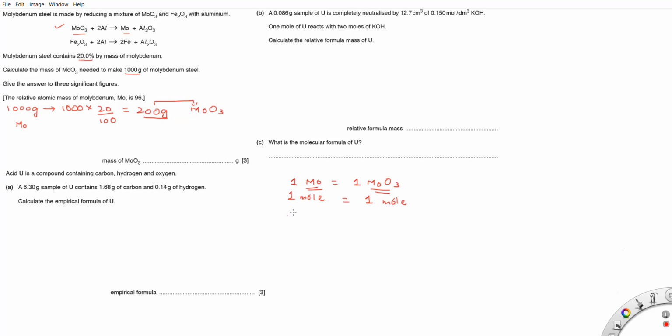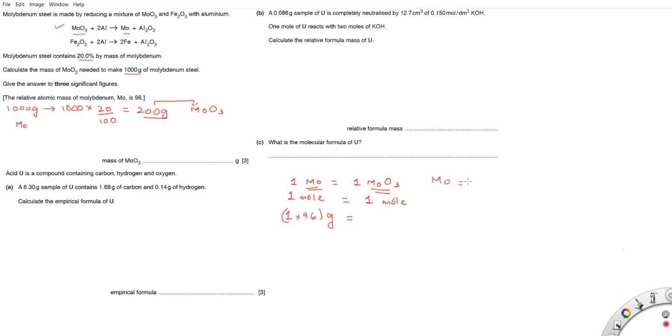So in order to convert moles to mass, what do we do? We multiply moles with the atomic or relative molecular or formula mass. So it is given in the question that the atomic mass of molybdenum is 96. So 1 times 96. Now this moles gets converted to grams of molybdenum. Now I need to work out the relative molecular mass of molybdenum oxide.